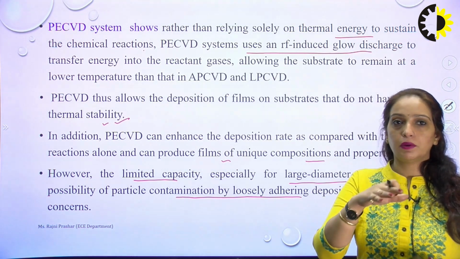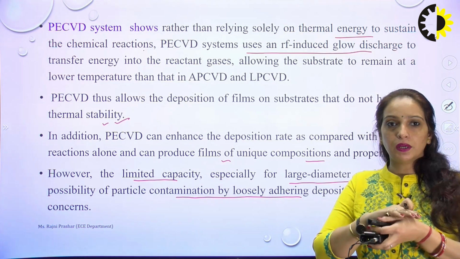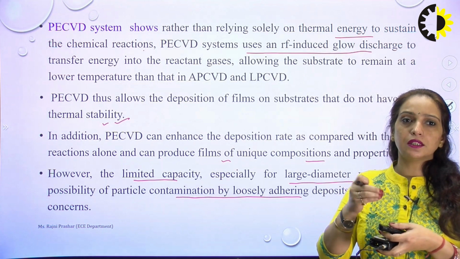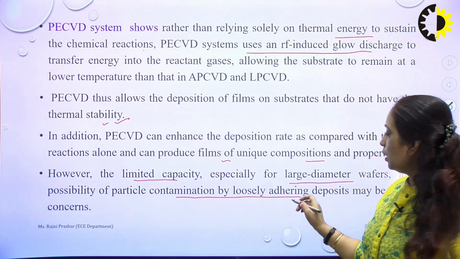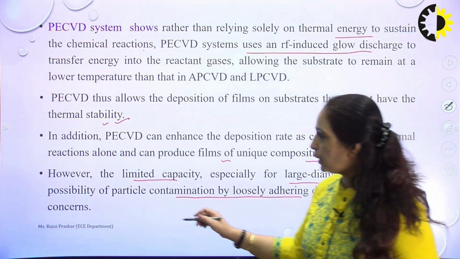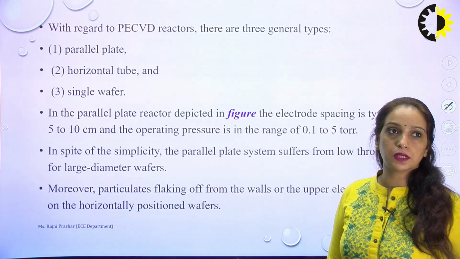So they will be moving inside the chamber. Some will get pasted on the substrate, and some will be loose and free to move. So that may create some concern in this deposition process.